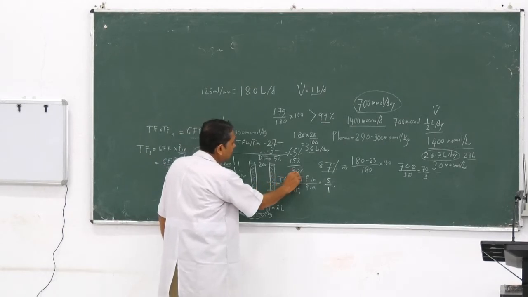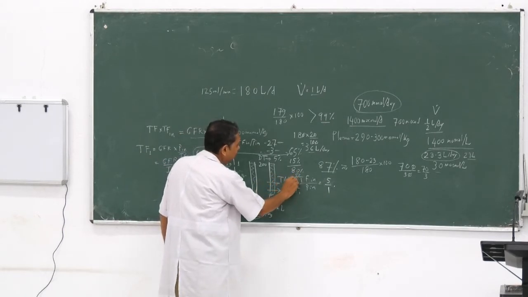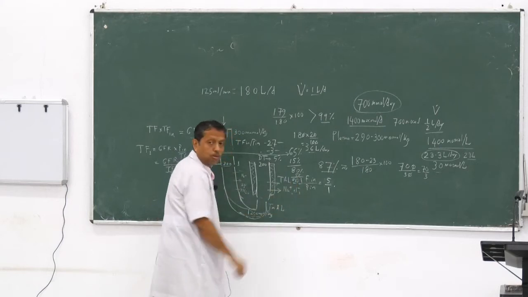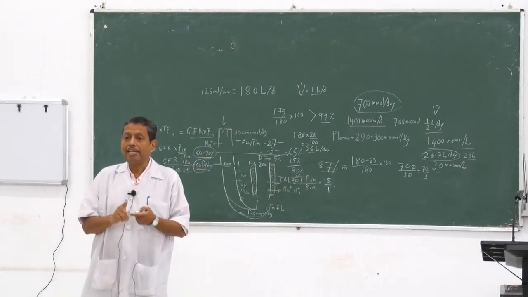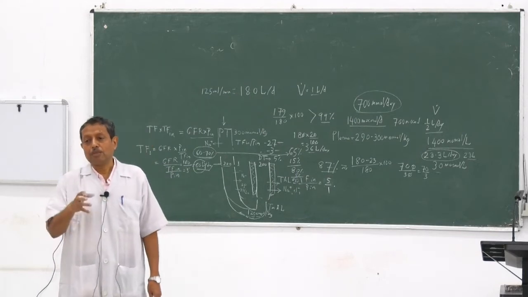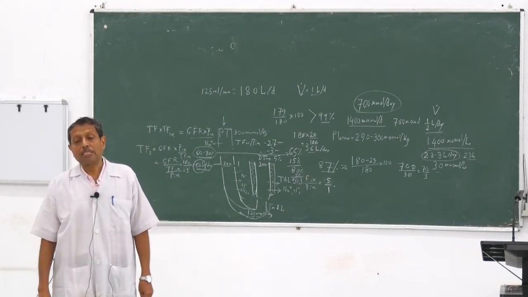So with 5%, that is 85% reabsorbed at this point. At the end of the distal tubule, 85% has been reabsorbed, only 15% remains.